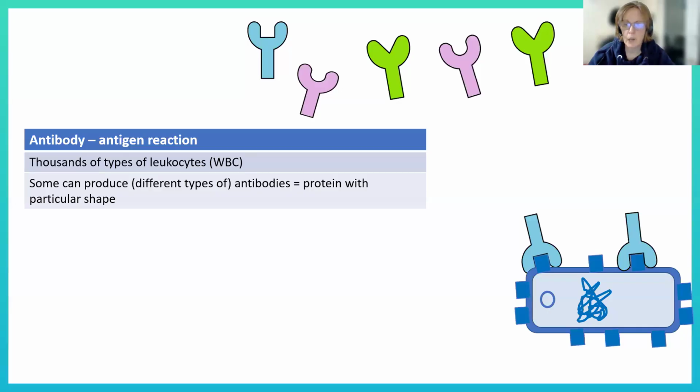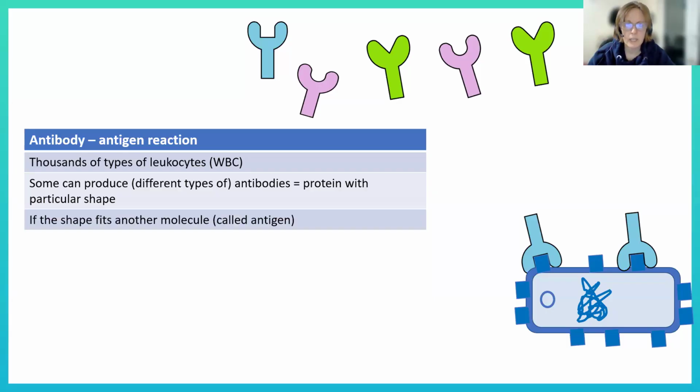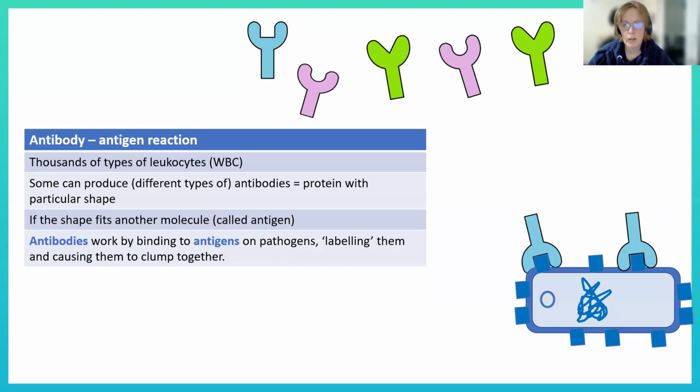They're often drawn as a little Y because the molecule looks a bit like a Y shape. And these Y-shaped molecules will fit to specific antigens, which are the structures that we find on the surface of bacteria or viruses or whatever, anything that's non-self.